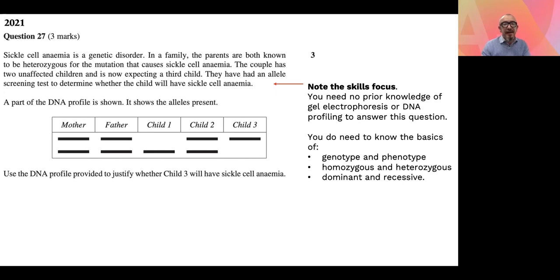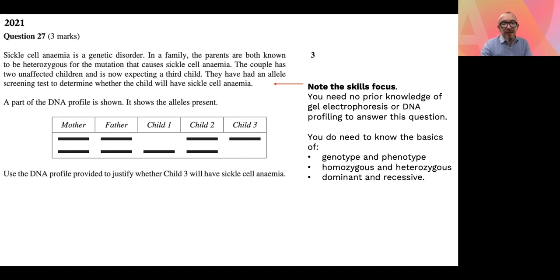They have had an allele screening test to determine whether the child will have sickle cell anemia. Now, important there, every word's important. If you remember back to the introduction that I gave, two unaffected individuals. Okay, so therefore, child 1 and child 2 do not have the condition, in this case, sickle cell anemia.